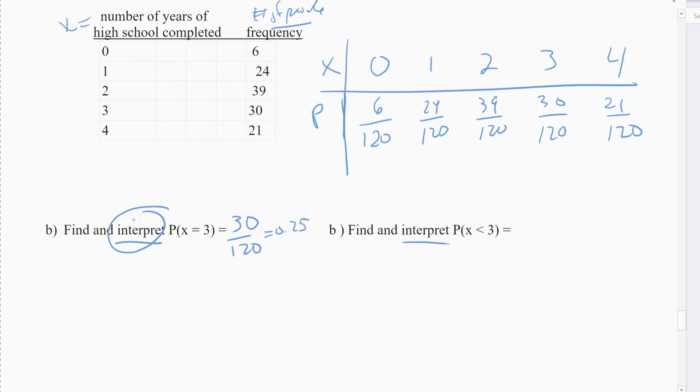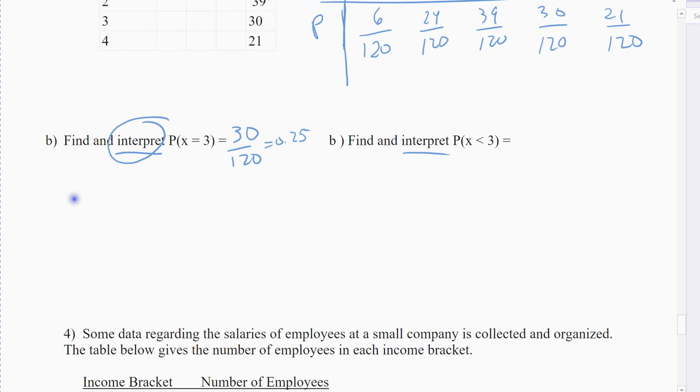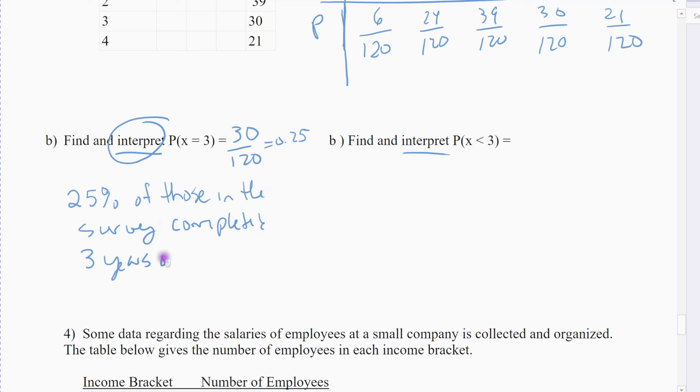And then explain what it means. This is a new notation, and we're going to explain what it means. So the probability is 0.25, and we usually talk about probabilities in terms of percents. So 25% of those in the survey completed 3 years of high school.